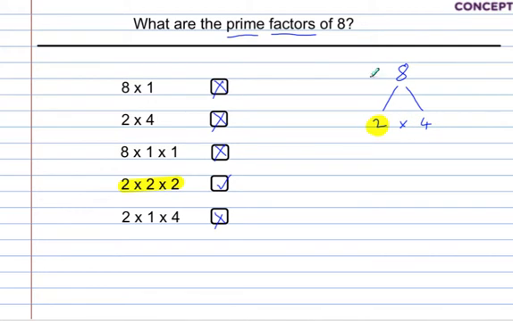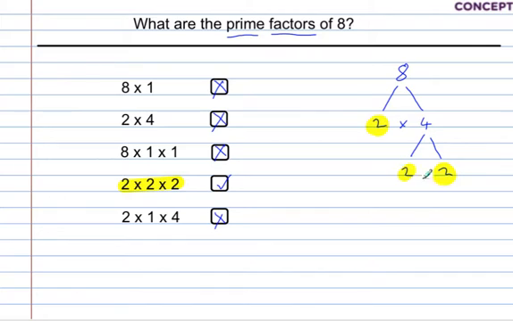The number 4 is not prime, so I'm going to split the number 4 into two more factors. Remember we can't put down 4 times 1, so let's go with 2 times 2, because 2 times 2 is 4. And then we ask ourselves, is 2 prime? Yes. Is 2 prime? Yes. Well, then we're finished all the branches.